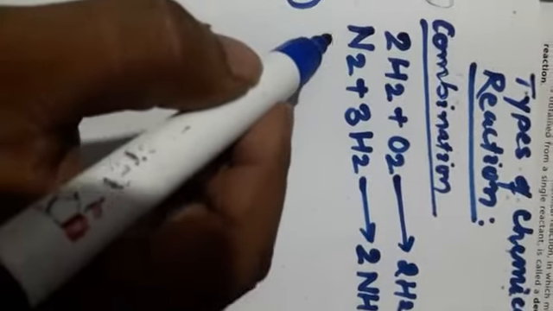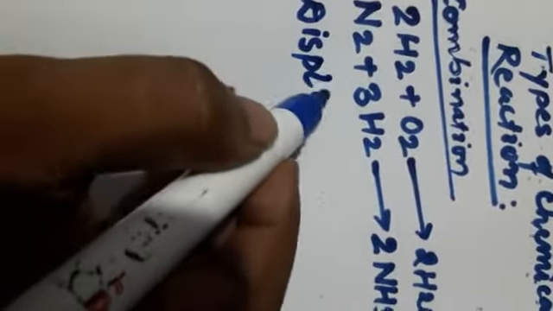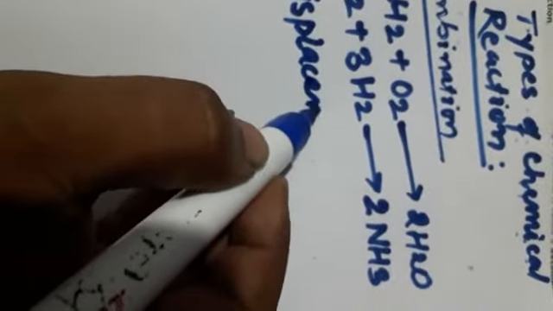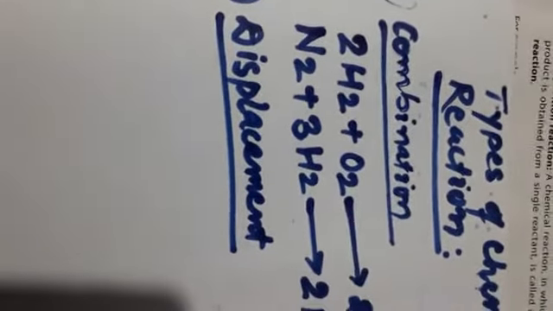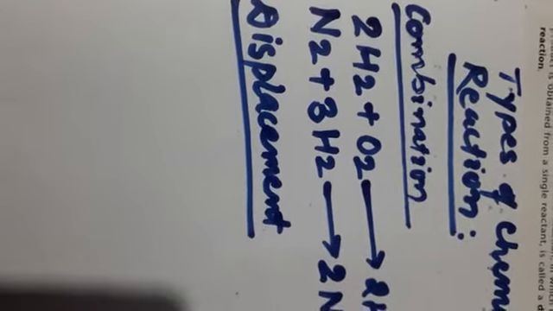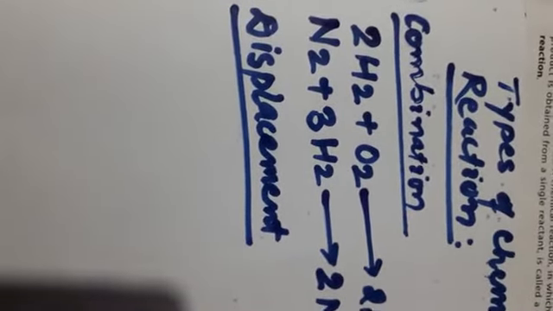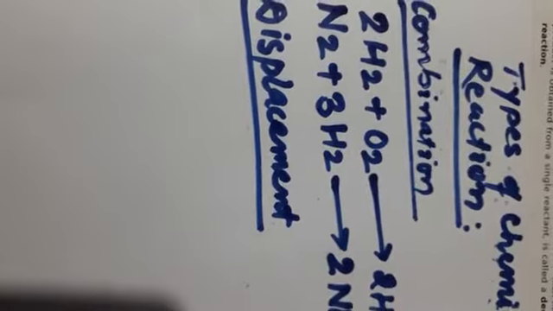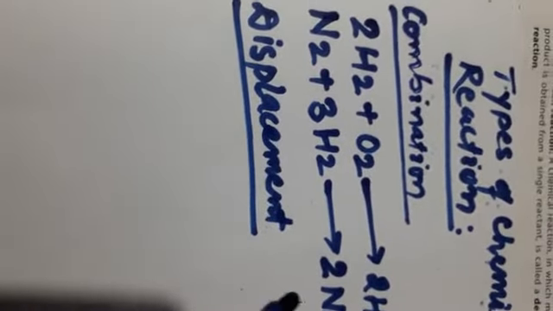Now the second is the displacement reaction. So what happens in a displacement reaction? As its name tells, some compound or substance in a reactant changes its position to make new substances.